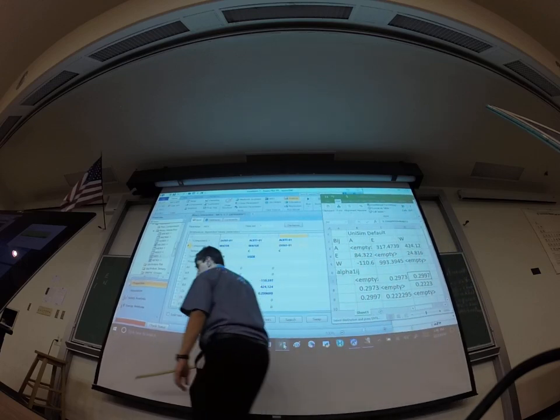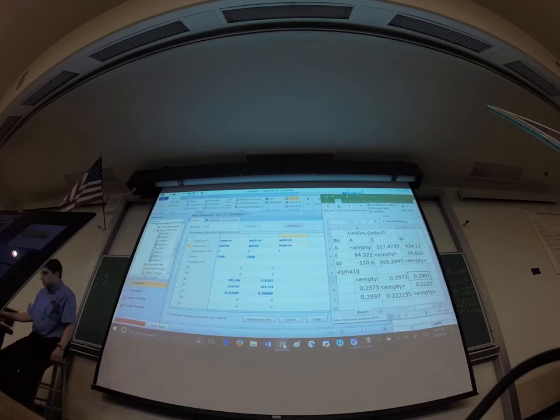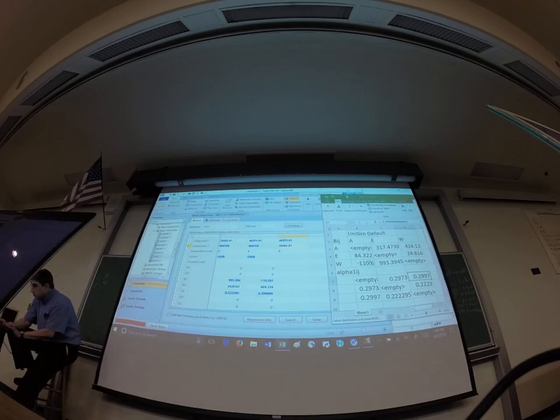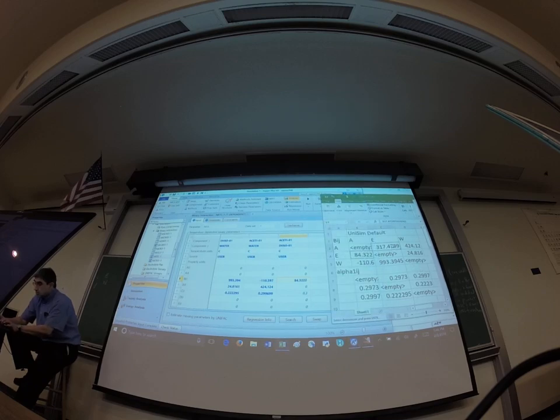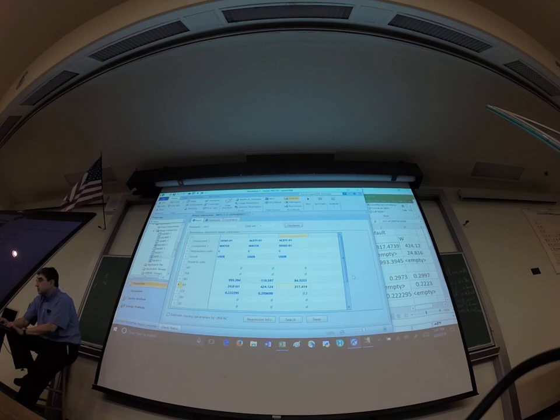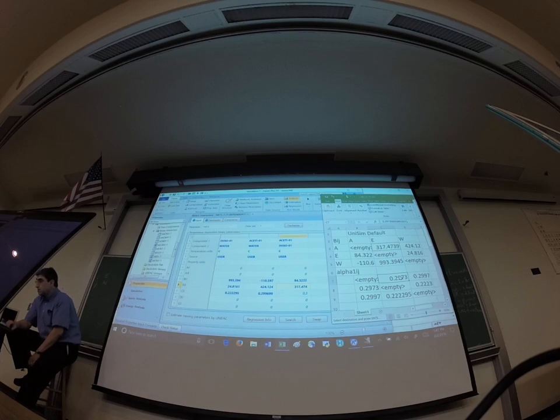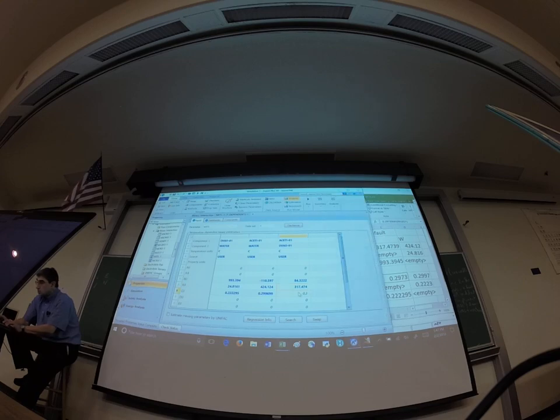So the 84 goes here. And 317 goes here. And the last thing is the alpha 1 goes in the C position. Control copy. Control copy. So these are the parameters, and I've entered a lot of values.